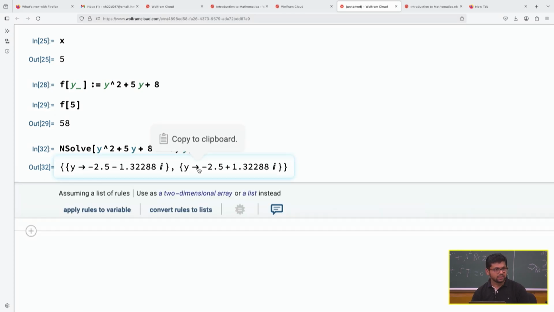You can see that in this case you are getting the result in decimal form, whereas in the earlier case it was in fraction. So, Solve solves any algebraic equation analytically, whereas NSolve solves equations numerically, where it takes some initial guess and solves.